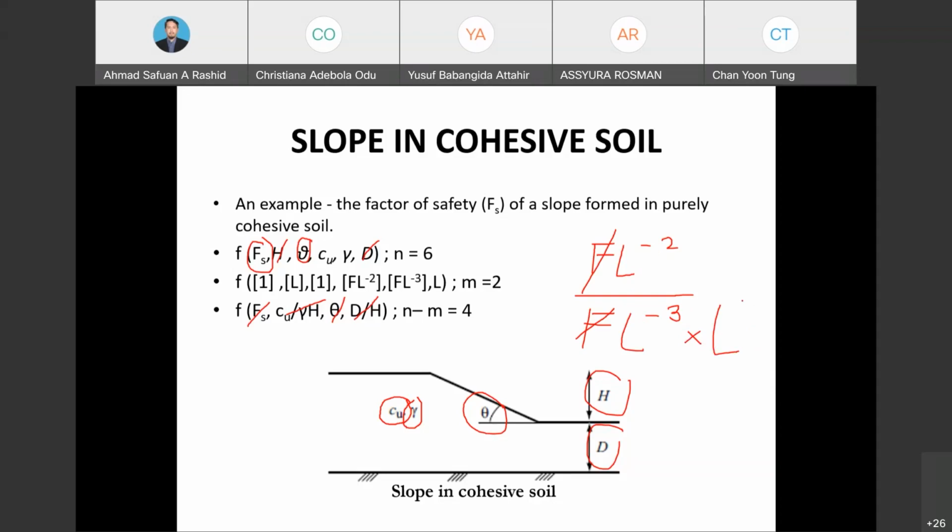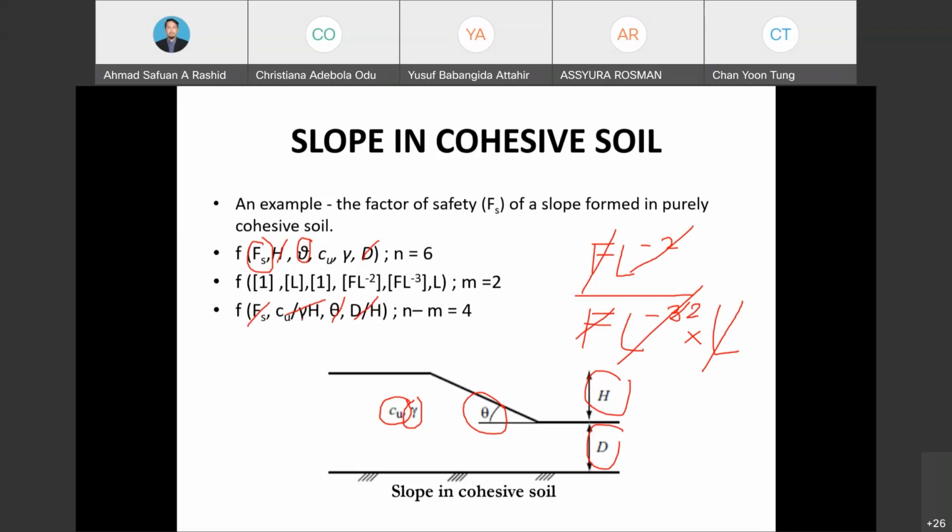So when we multiply with the H, we can gain L power by -2, and later on L power -2 divide with L power -2. So then we obtain a dimensionless equation. So what is the benefit of this approach?